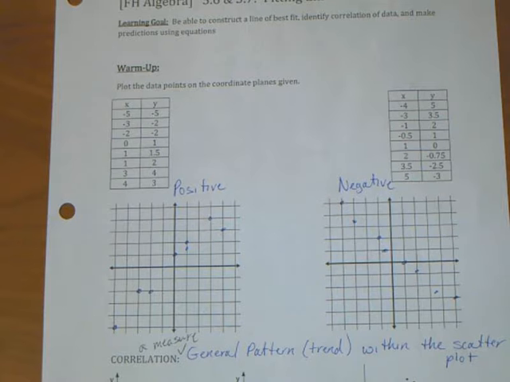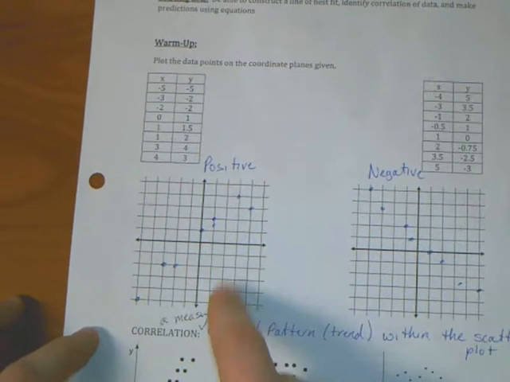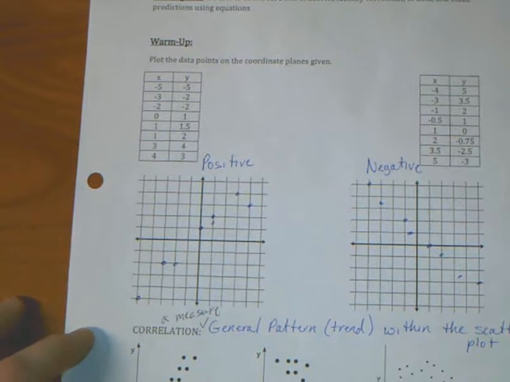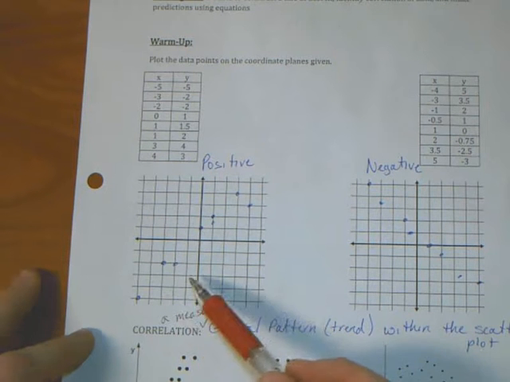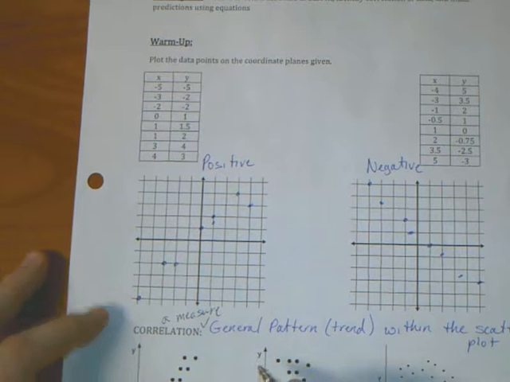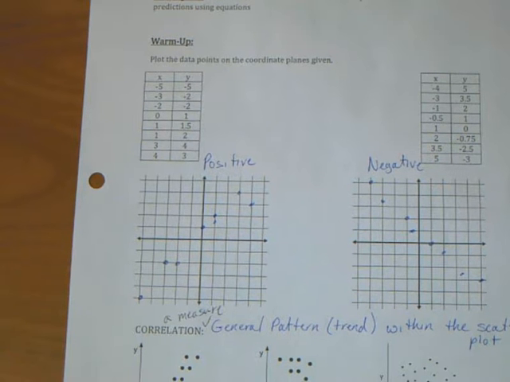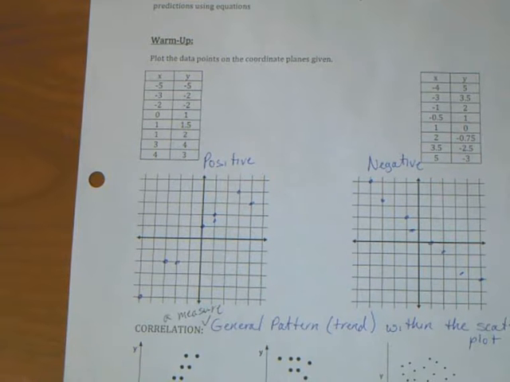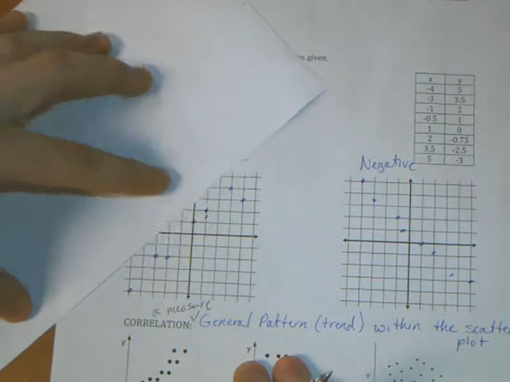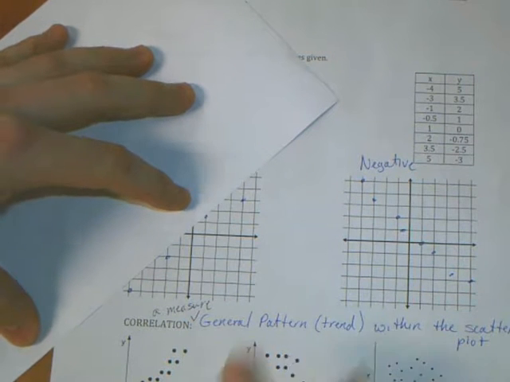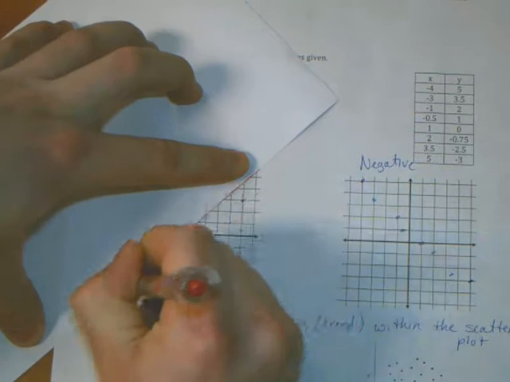That's a great point. So for this first graph on your warm-up, let's think about drawing a line of fit through this. There are 8 data points here. You want maybe 4 above, 4 below, or something close. Maybe it looks something like this.